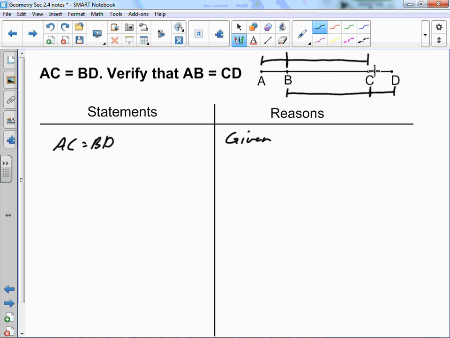AB over here and CD over here. But they both have BC in them. And we want to talk about BC, so we're going to bring that into the list here by saying that BC is going to equal BC, equals itself. And that is based on the reflexive property.